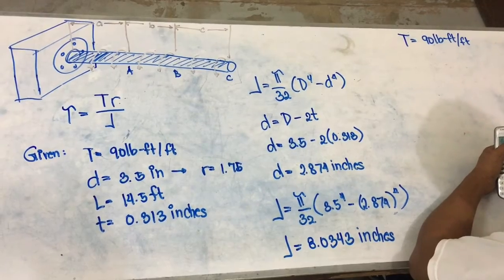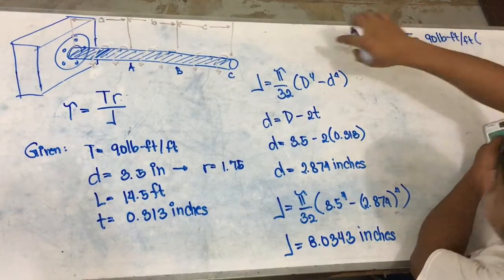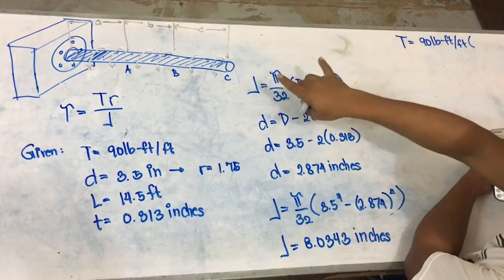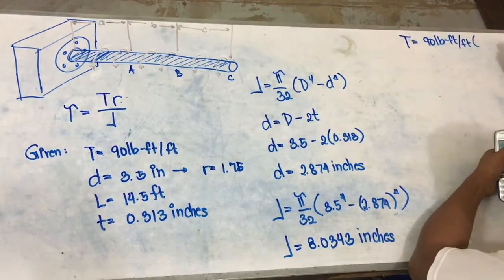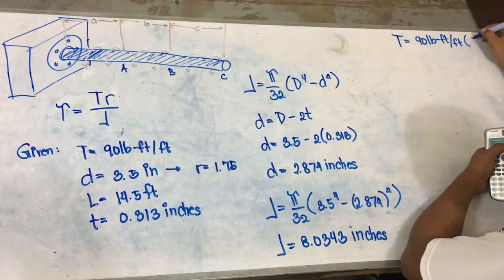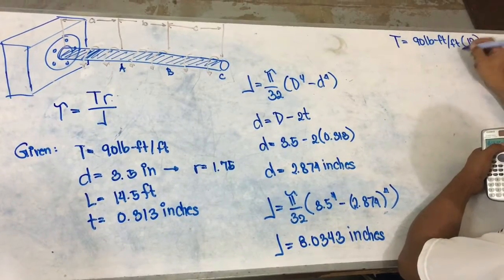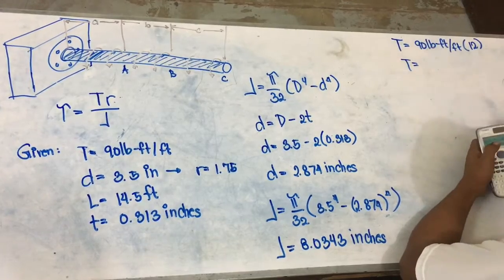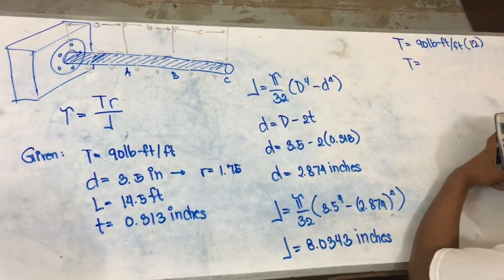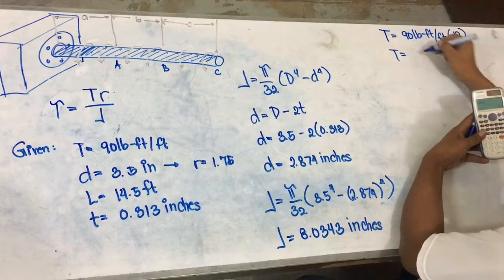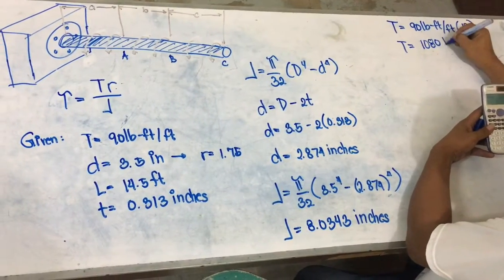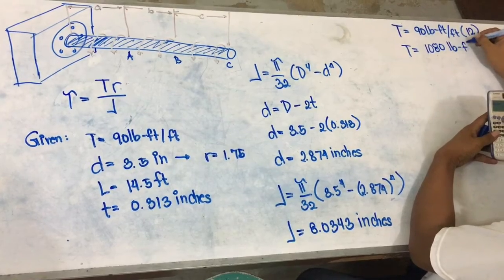Just like in a cantilever beam, we multiply by the length from C to A, which is B plus C, given as 8 plus 4, equal to 12. So we multiply the 90 pound-feet per foot by 12, and we have a torsion equal to 1,080 pound-feet.